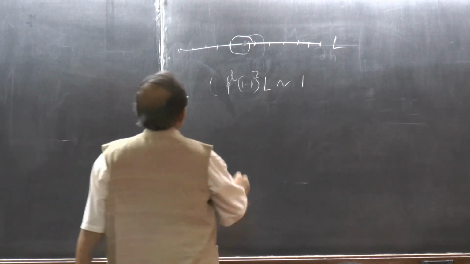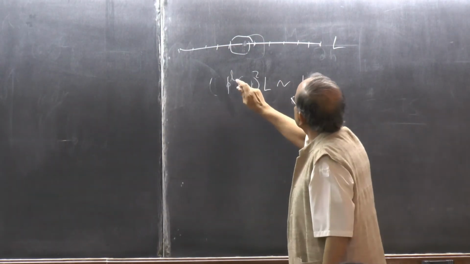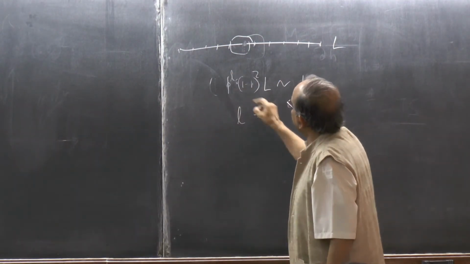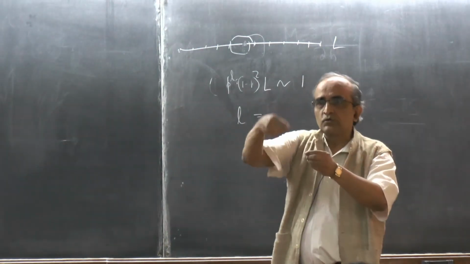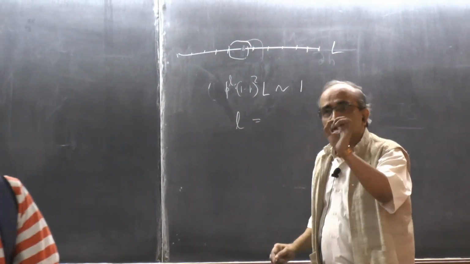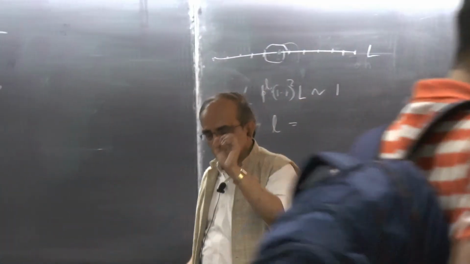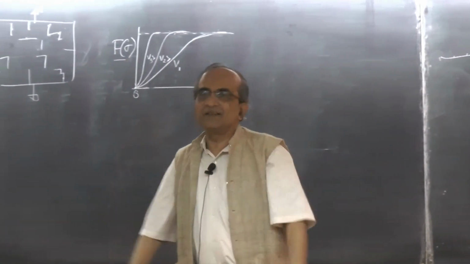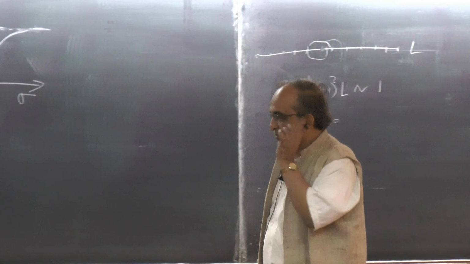Okay? So what is the size? How to get the size L? L is the defect size due to successive things. Now this is precisely what Da Vinci had in his mind when he was trying to.